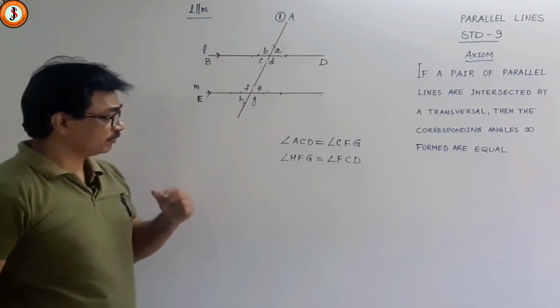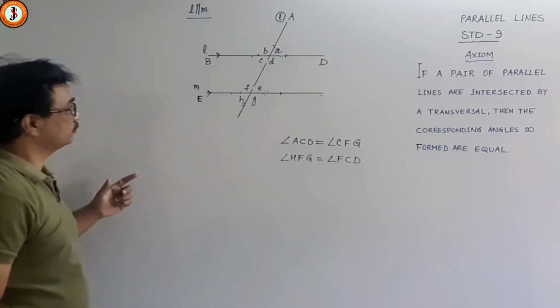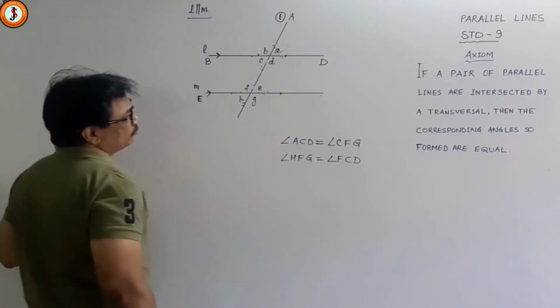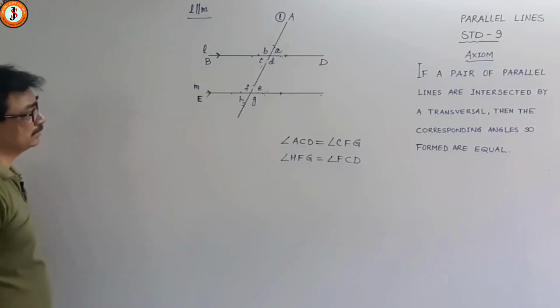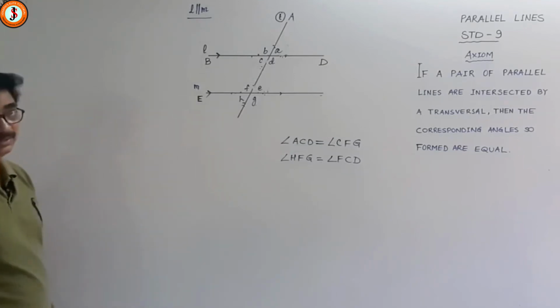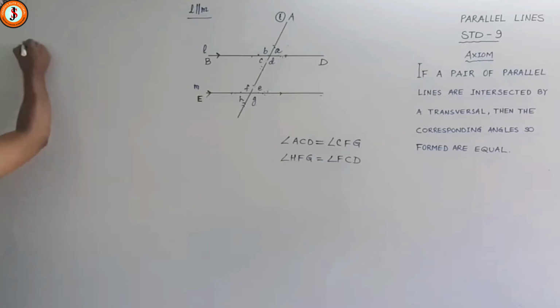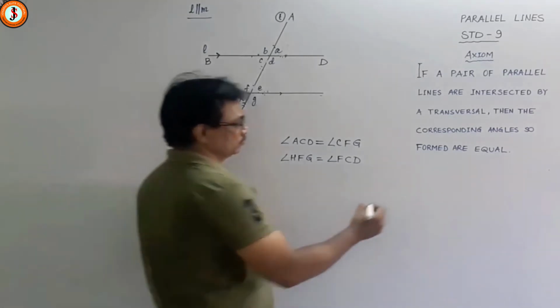Now here I am trying to find out a theorem. The theorem says, if a pair of parallel lines is intersected by a transversal, then the alternate angles are equal. I write here so that I can use the board space.